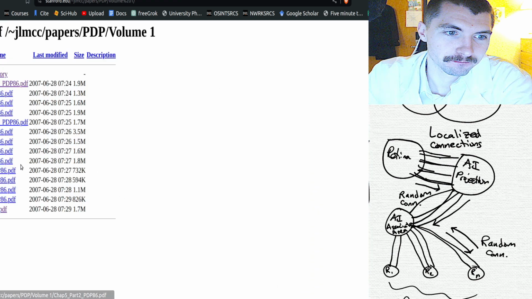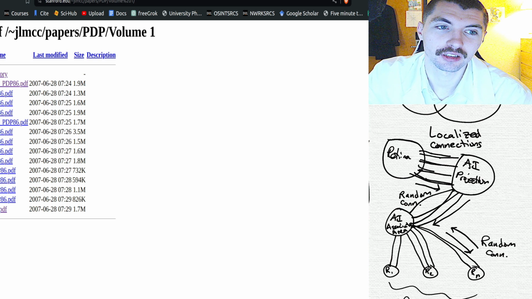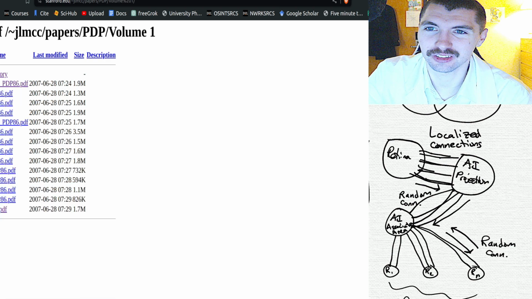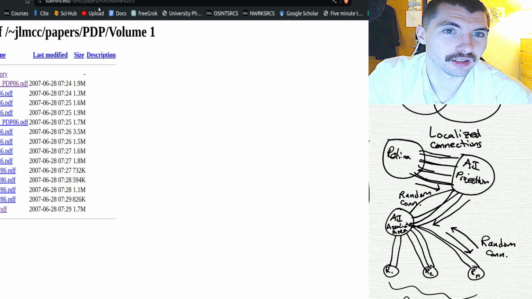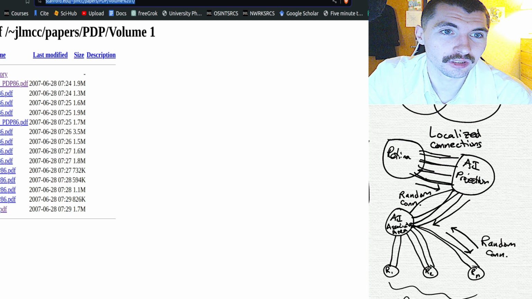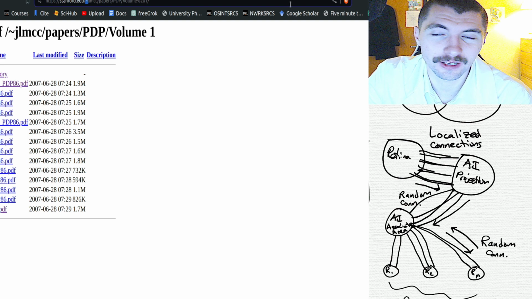The actual book, the $60 book you might buy, might have a little bit more, but this was last modified in 2016, so I think this directory is a fair chance. So yeah, it's just this. If you need to find this, stanford.edu/~jlmcc/papers/PDP.